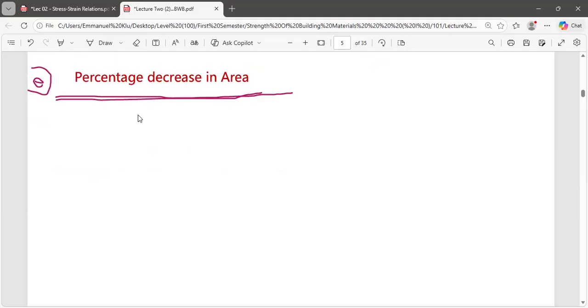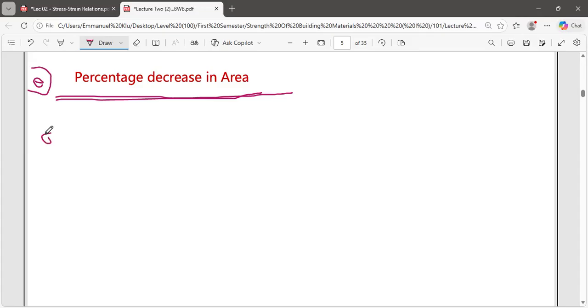Exactly. So let's proceed. The formula for our percentage decrease in area, as we were all saying, is the original area minus the area at fracture, all over the original area, times 100, expressed as a percentage.